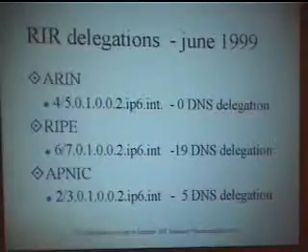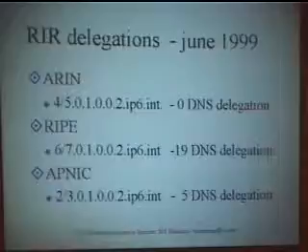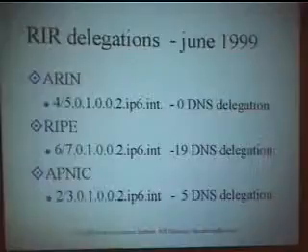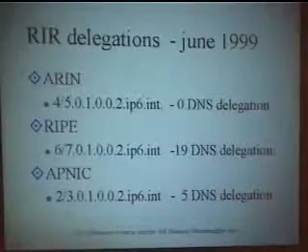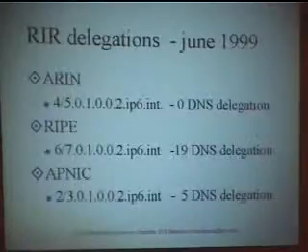If you walk the DNS delegation hierarchy, you'll find that ARIN has not registered any delegations in its name servers for delegations it has made. RIPE has delegated 19 blocks, and APNIC, for the Asia Pacific region, has delegated 5. If you check the registration delegation database, the WHOIS database, you will find that their numbers don't match with these.